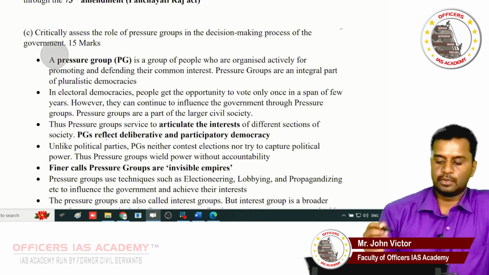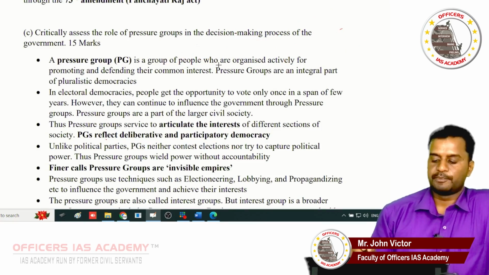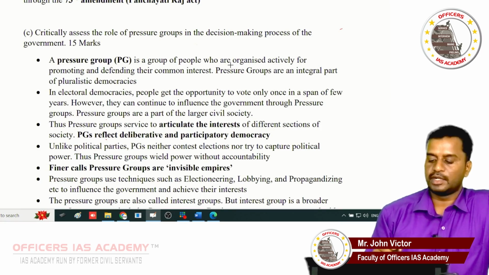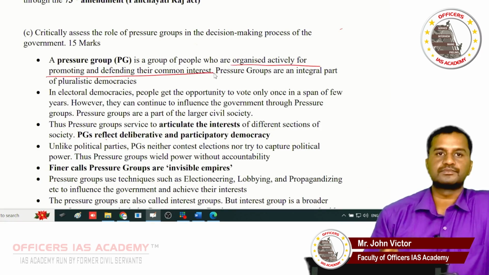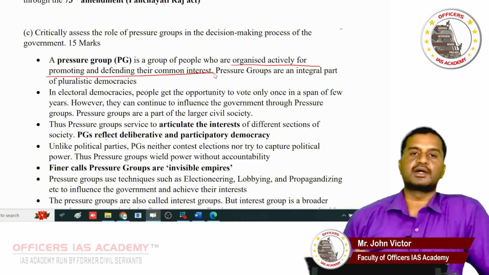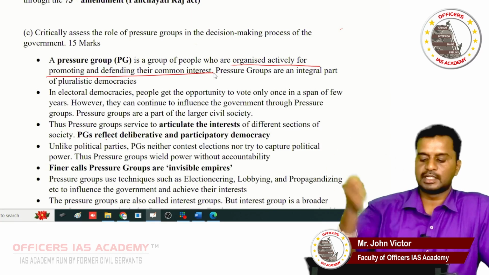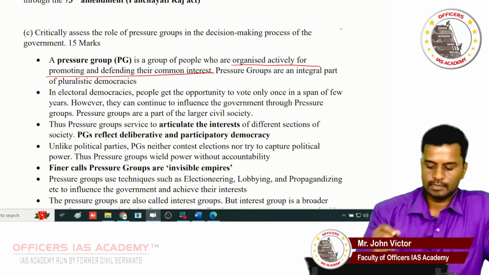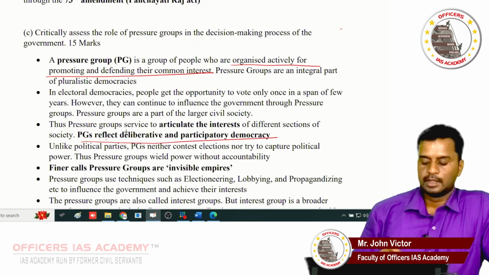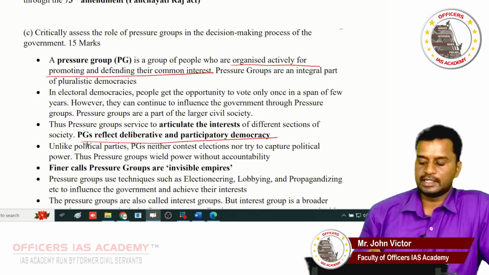Pressure groups are people who are organized for promoting and defending their common interest. They showcase pluralism, participatory democracy, deliberative democracy, developmental democracy. Pressure groups serve to articulate the interest of different sections of society.